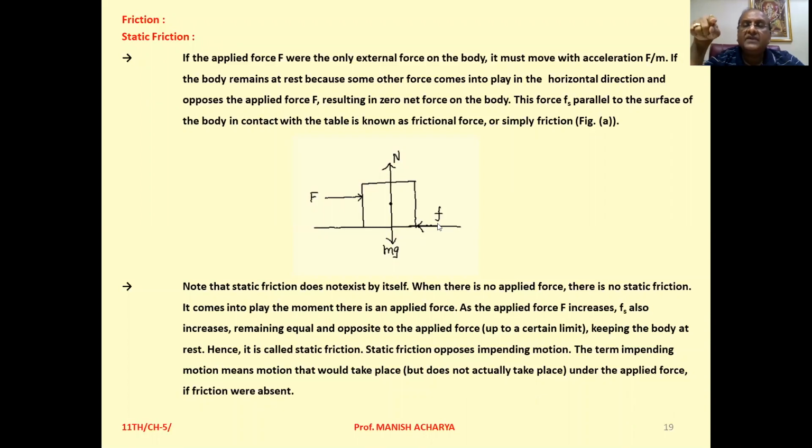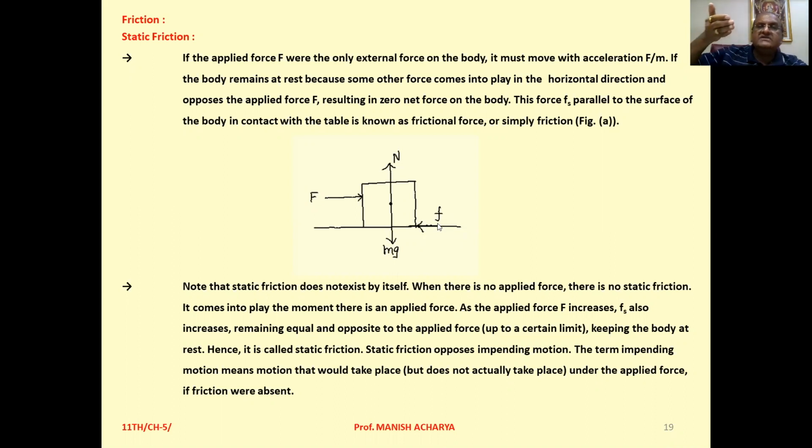Now see, this friction or frictional force does not arise by itself. It is due to that external force. And when, under the effect of this friction, the object is stationary, this friction is called static friction. This friction is self-adjusting.